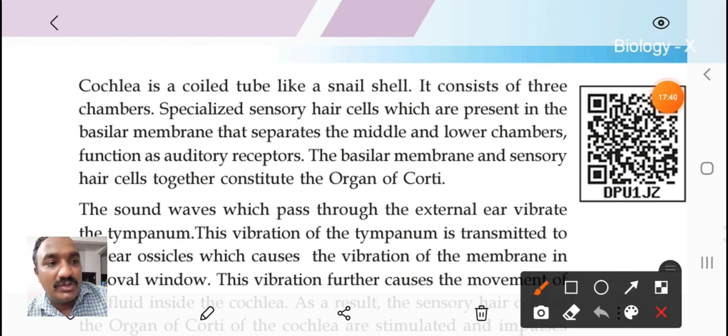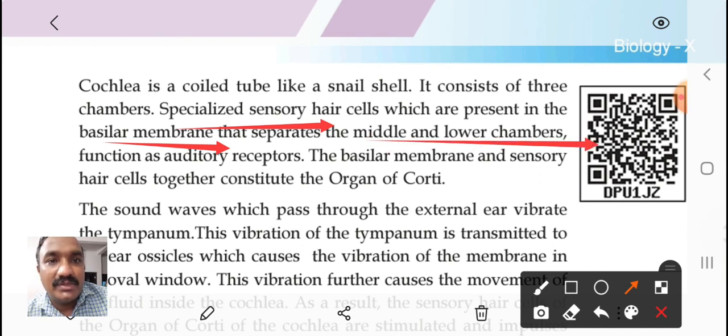You have to note this point very well. Specialized sensory hair cells, which are present in the basilar membrane that separates the middle and lower chambers, function as auditory receptors. These words you have to note. So sensory hair cells are the receptors. Where are they present? At the basilar membrane.